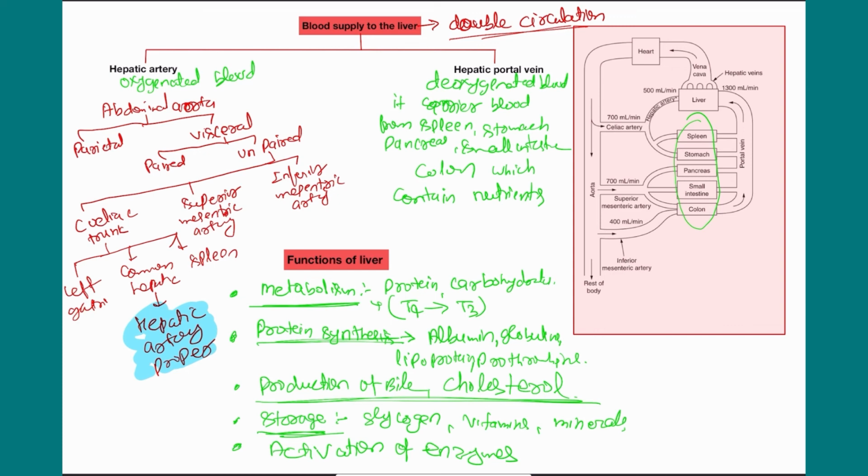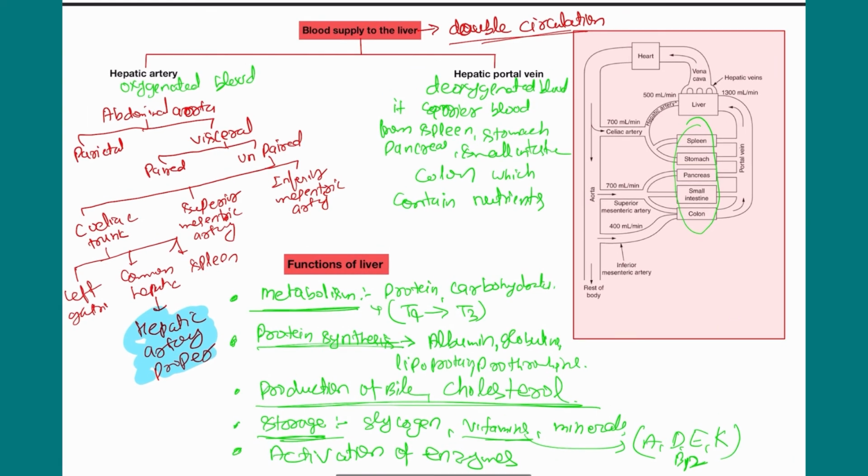And I already said the storage of vitamins, like the fat soluble vitamins A, D, E, K. These are the fat soluble vitamins, so they are stored by the liver. And also vitamin B12 storage occurs in the liver. So these are the functions of the liver. Please learn all this, all are very important. So please learn all the functions of the liver and also the blood supply.